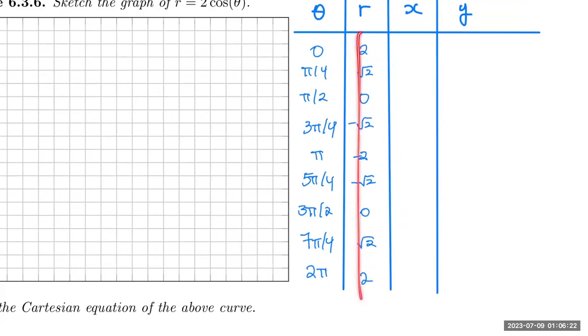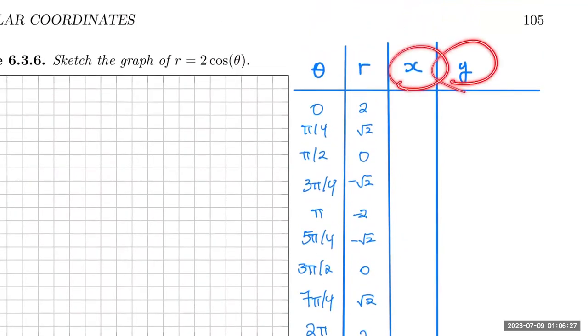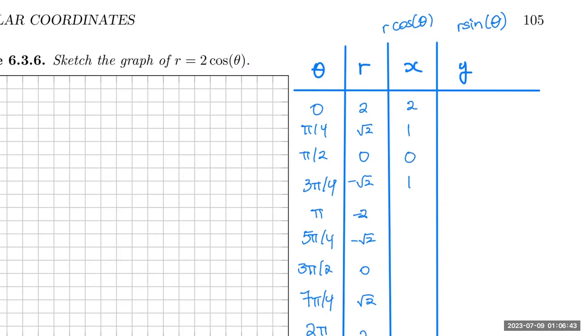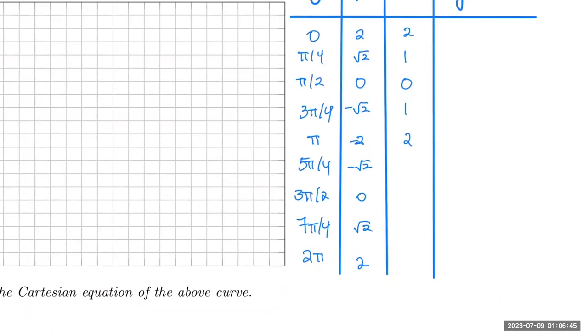So now once we have the r and the theta values, we can go ahead and put them into x and y, which remember is r cos theta and r sine theta. So we could go ahead and put that in. For the x coordinate, what we should get is 2, 1, 0, 1, 2, and then 1, 0, 1, 2.